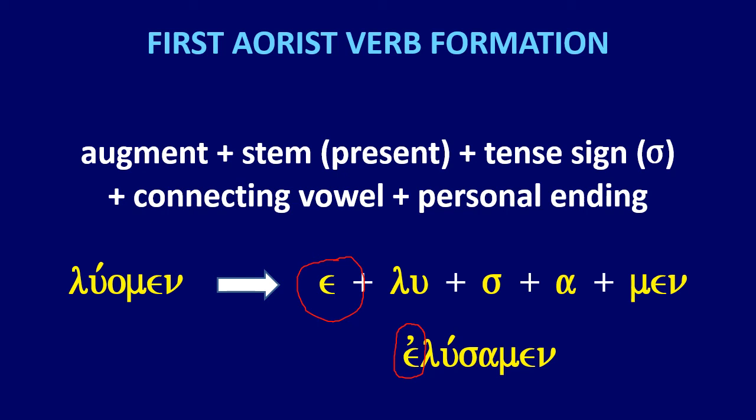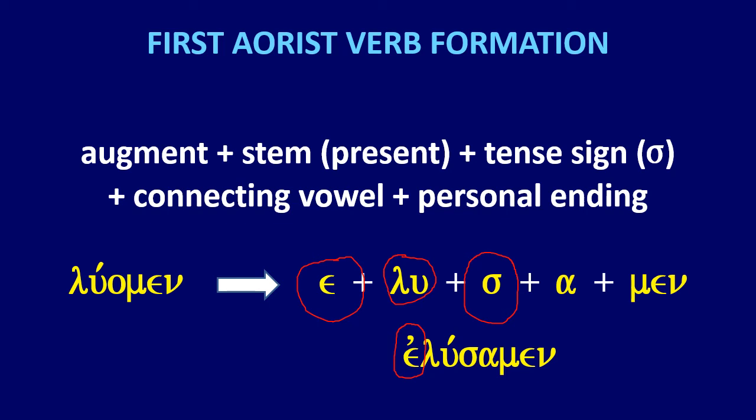But then we see our root here, the stem, which was also the stem in the present tense root word luo, our lexical form for present active indicative first person singular. You'll see that it uses the same stem. But now with aorist tense verbs, what you often see is a tense sign, and it's the letter sigma.